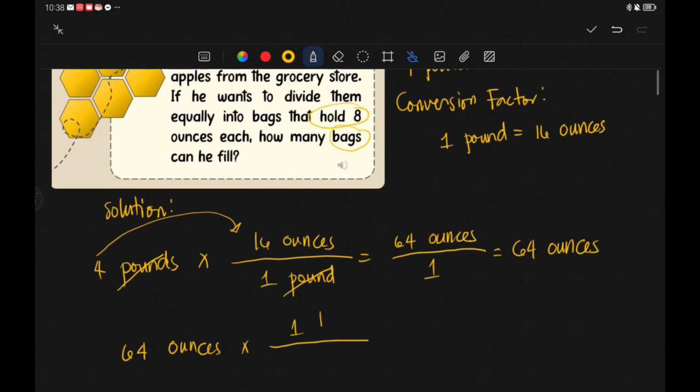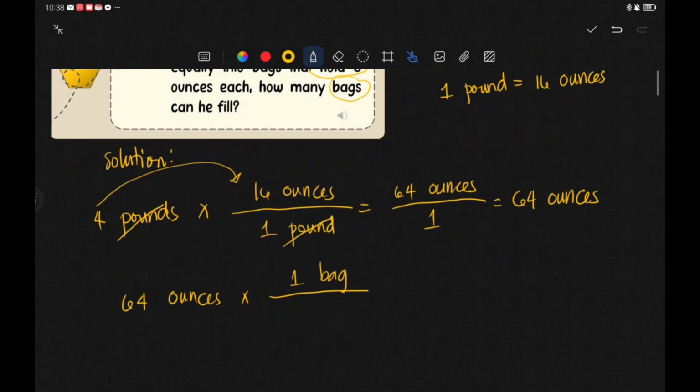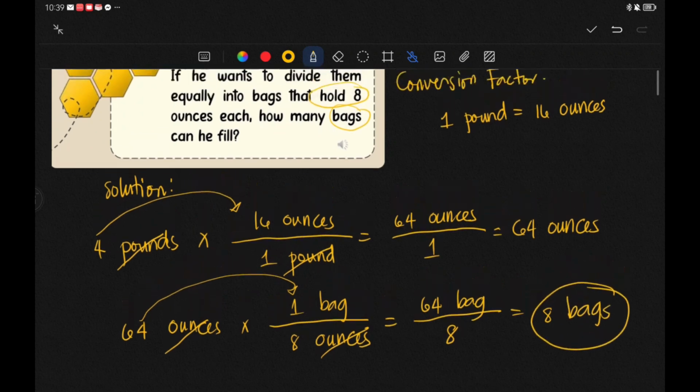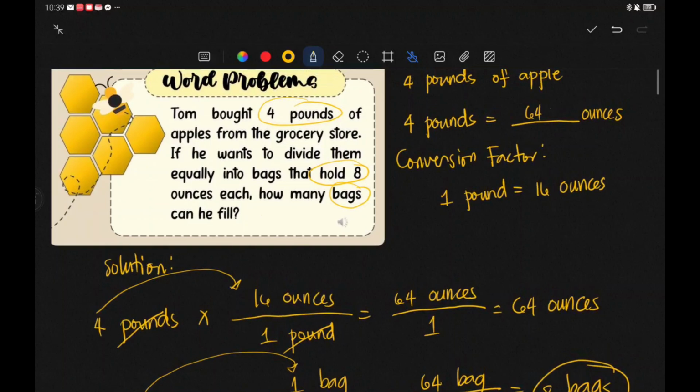So there is one bag, 8 ounces. So that cancels out ounces. 64 times 1, that's 64 bag divided by 8. Now 64 divided by 8, that is 8. So the answer would be 8 bags. So Tom can fill 8 bags.